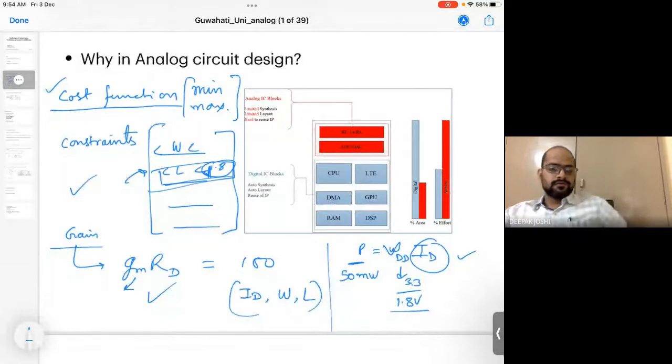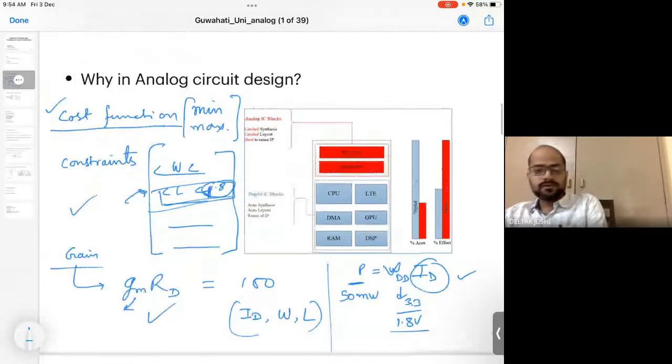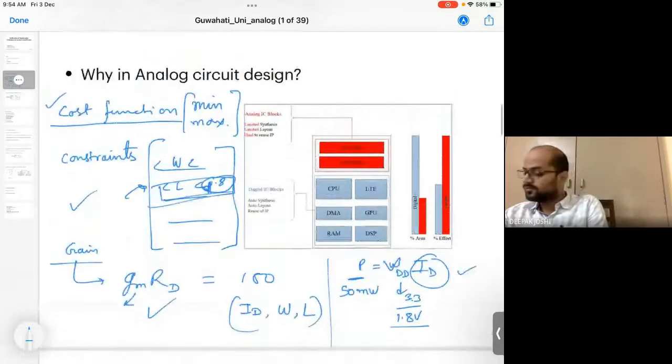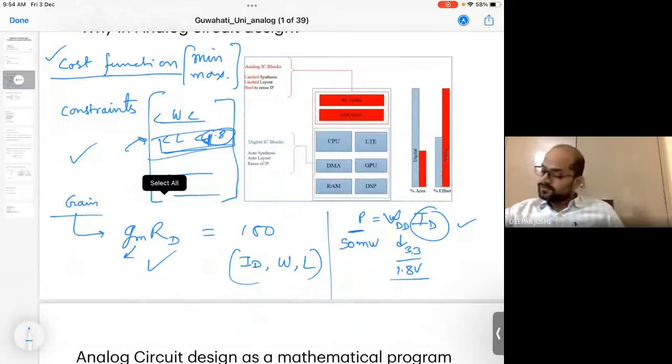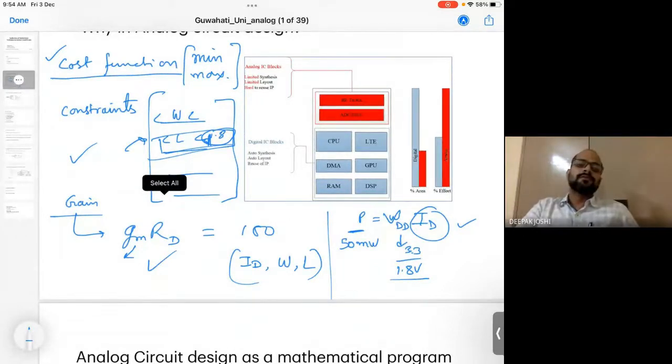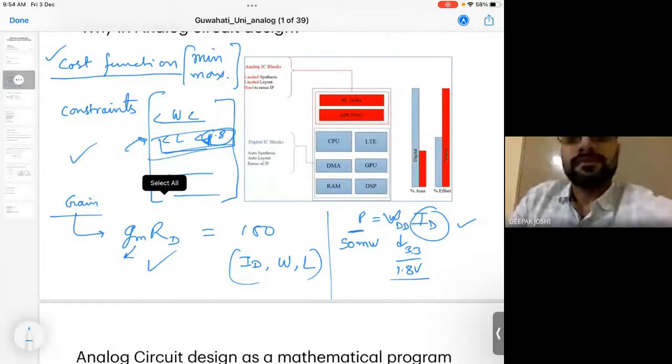Okay. Is it moving? It is not moving, I think. Okay, so maybe it will come in some time. If I'm not audible, please tell me, because I see that there is some network issue here.